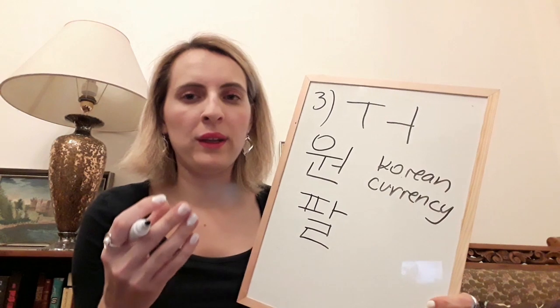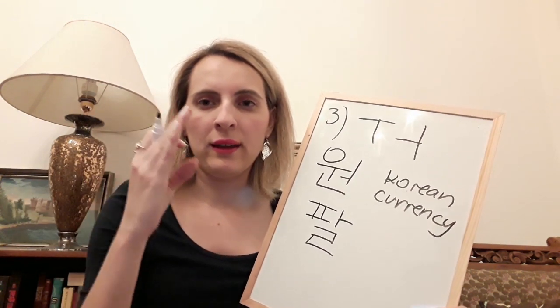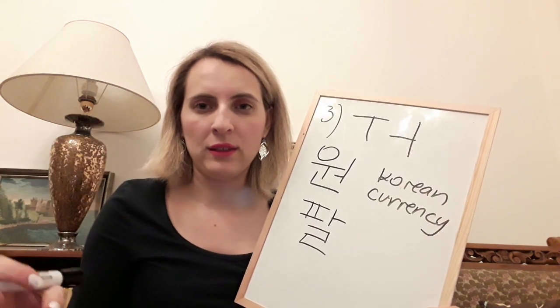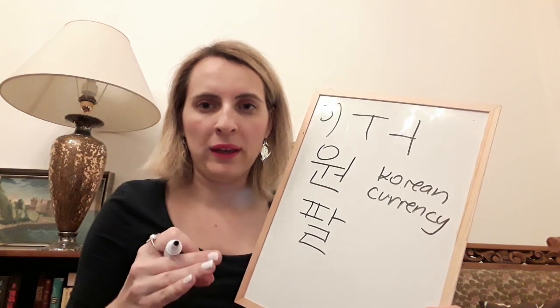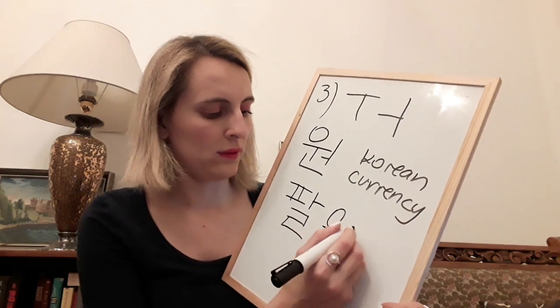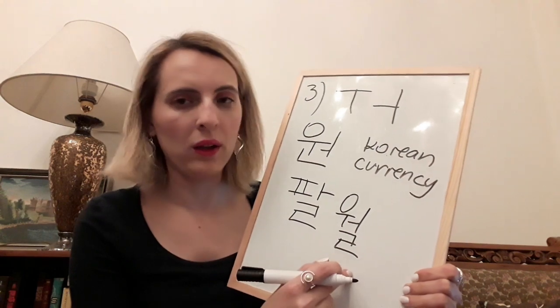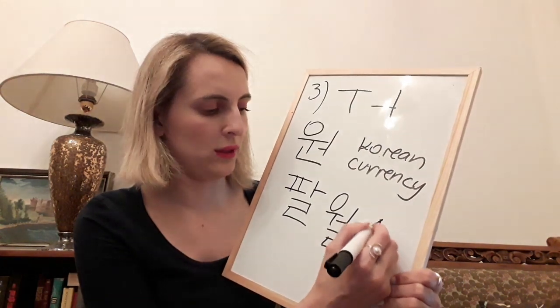And in Korea, when you want to say the month, you say the number and then month. The word for month in Korean is wol, and pal is 8. So pal wol is actually August.